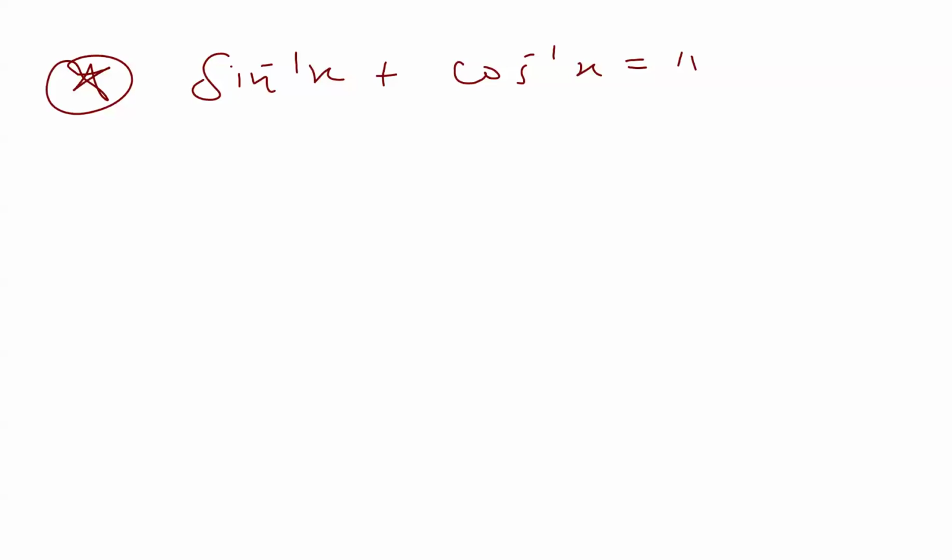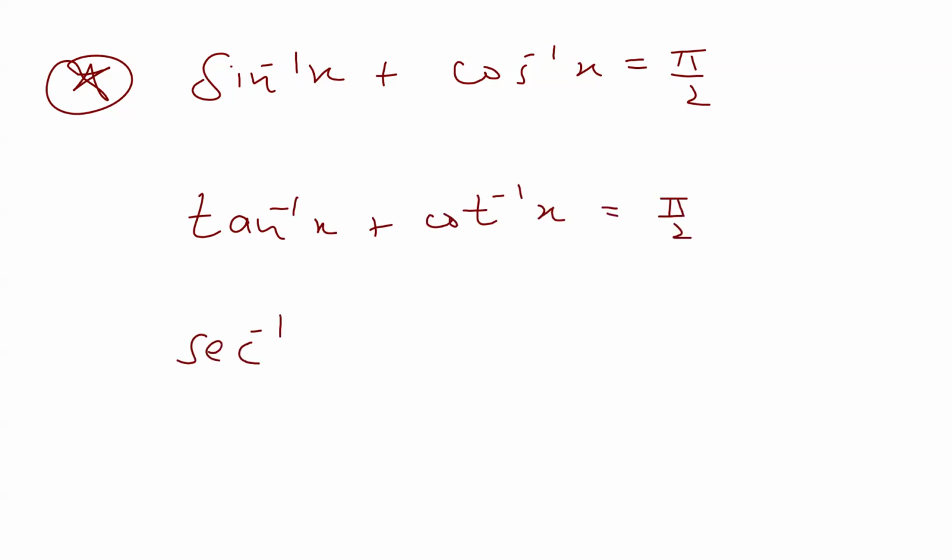Now some basic formulae. Sine inverse of x plus cos inverse of x is equal to pi by 2. Tan inverse of x plus cot inverse of x is equal to pi by 2. Sec inverse of x plus cosec inverse of x is equal to pi by 2. This you need to remember.